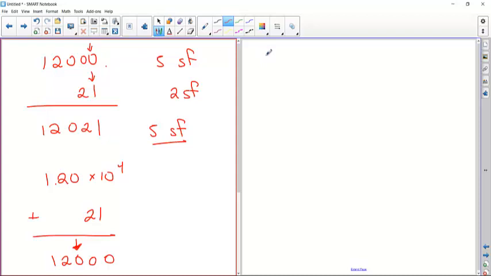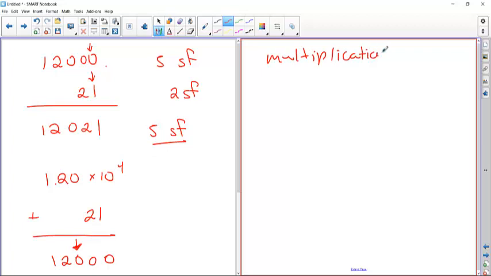Okay, then we have multiplication and division. And it's the same rule for both of these.